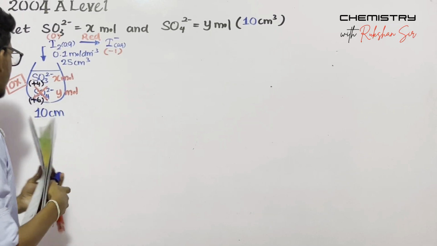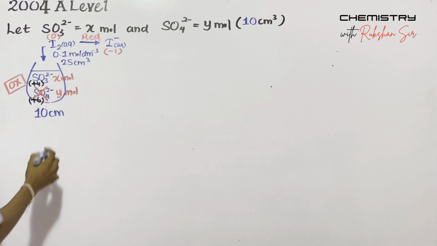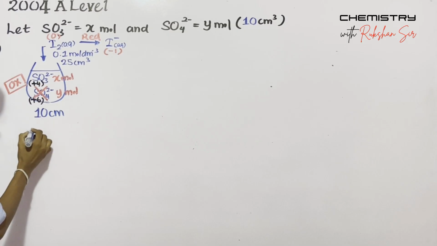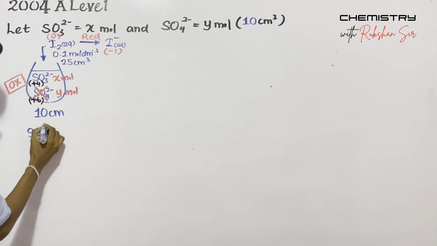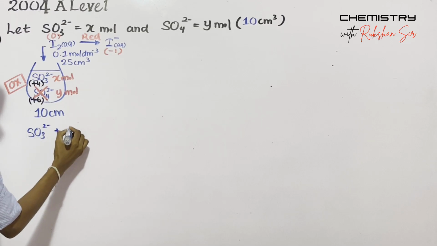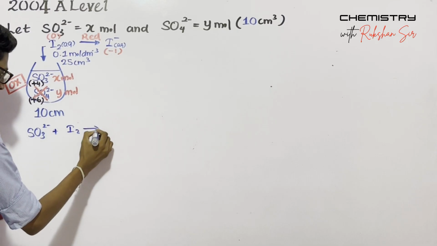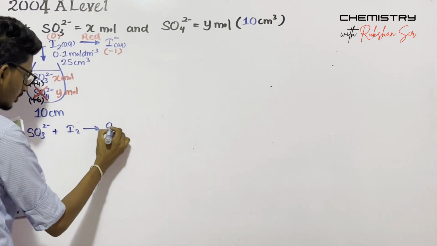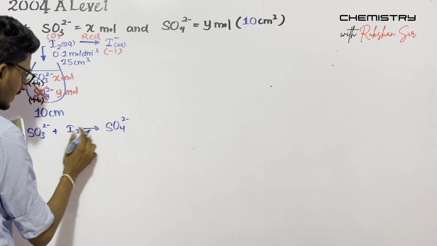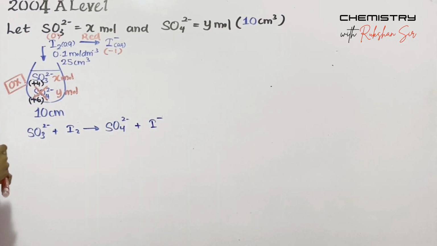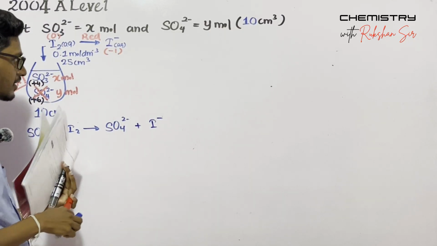So the reaction in this flask is SO3 2- reacting with I2, where SO3 2- oxidizes to SO4 2- and I2 reduces to I minus. This is the reaction there. We need to balance that.